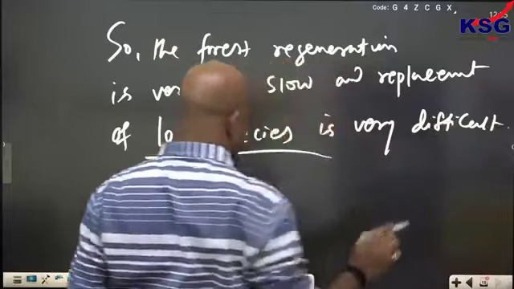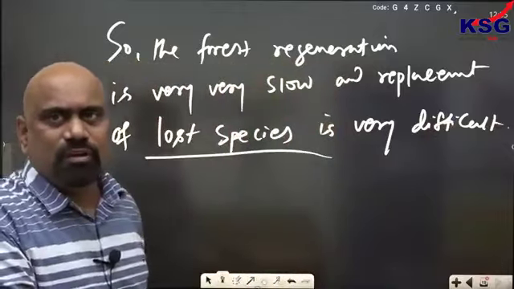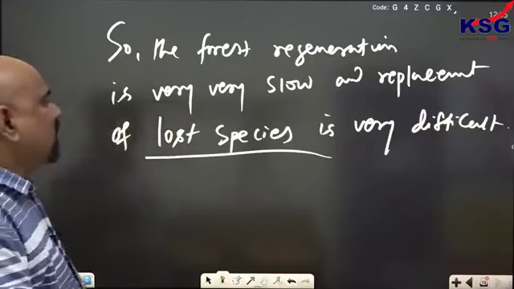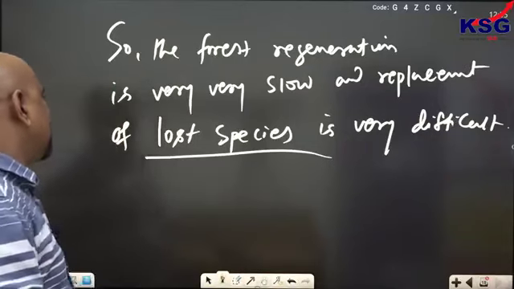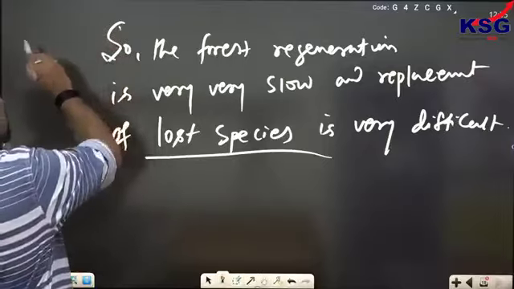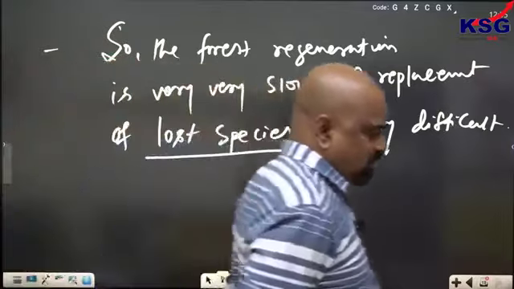Once a species is lost, replacement becomes very difficult. Replacement of the species takes a very long time. It is very difficult. So replacement of the species is very, very difficult.